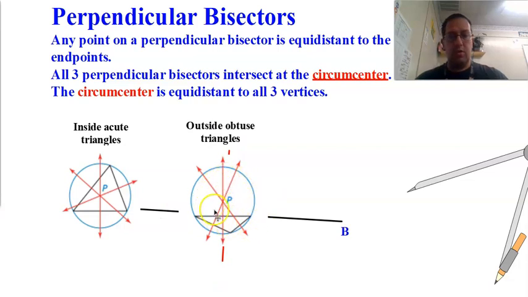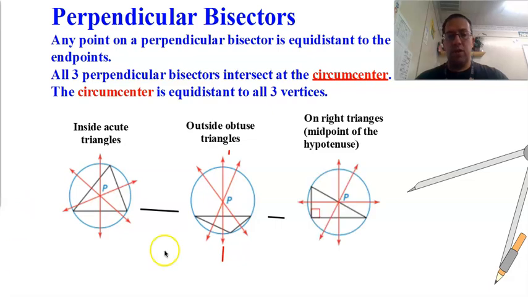For an obtuse triangle, the circumcenter will be on the outside. And for a right triangle, the circumcenter will be on the triangle. And specifically, it will be at the midpoint of the hypotenuse, right there. That is where the circumcenter is. This is the intersection of the perpendicular bisectors, which was equidistant to the vertices.